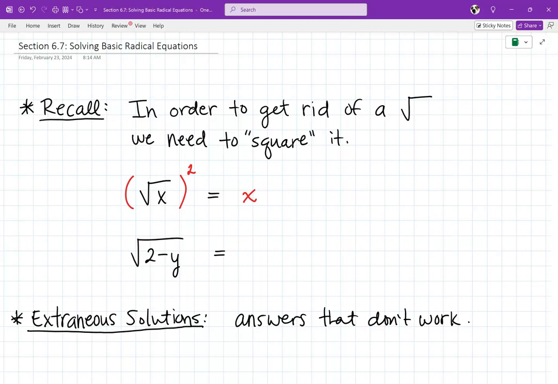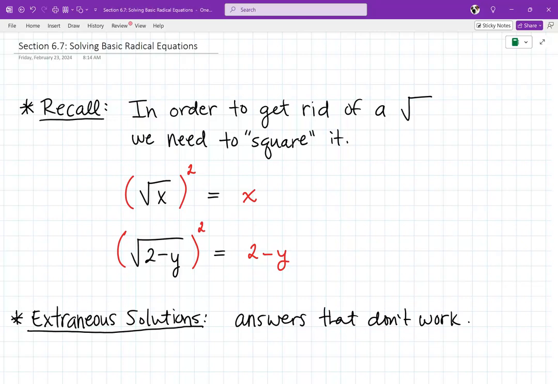It doesn't matter if it's just a monomial. It can be a binomial or trinomial on the inside. So right here we have a binomial as a radicand in that radical. If I square it, though, the result will just be 2 minus y. So that's just me telling you, here's the step that you're going to use every single time to solve.